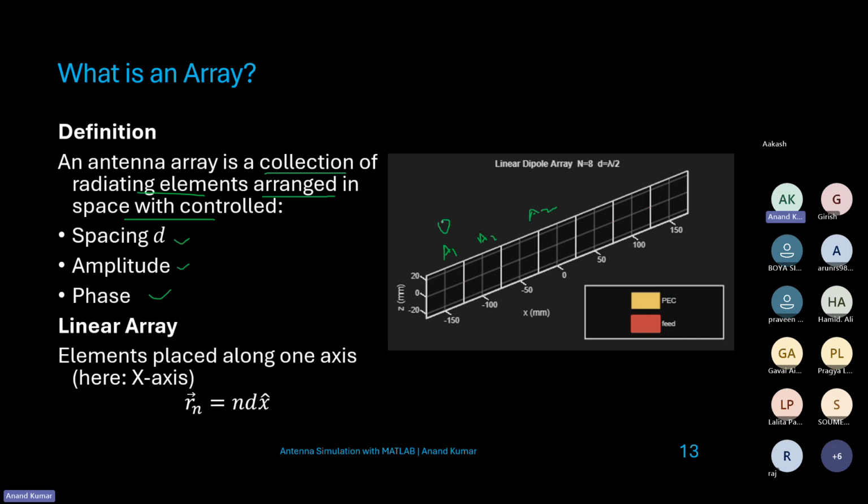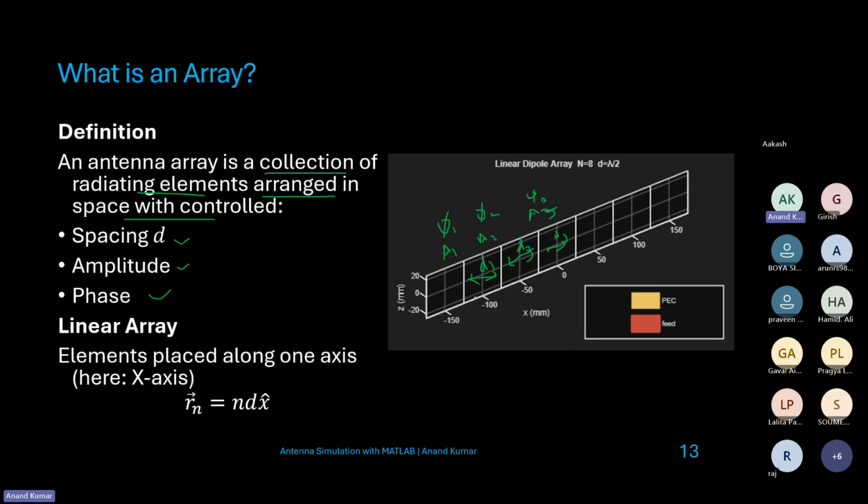And each of them will receive a phase phi 1, phi 2, phi 3, and so on. And then there is the spacing, and this spacing could also be D1, D2, D3. So all these variables.